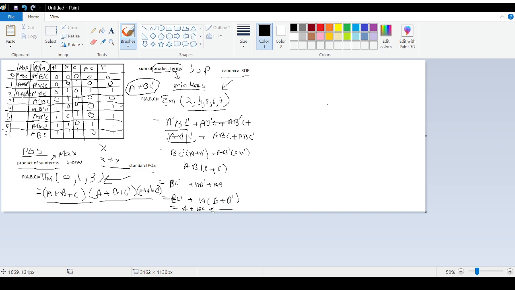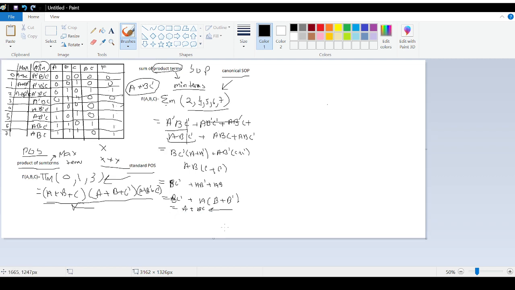Now the difference between canonical and non-canonical form is, in canonical form, the terms have all the variables. You see, every term has all the 3 variables. But this is also an SOP, a simplified form, okay? This is not a standard SOP, because in standard form every term will have all the literals. But this is a standard POS, this is a standard SOP. Okay? Is this clear, everyone?